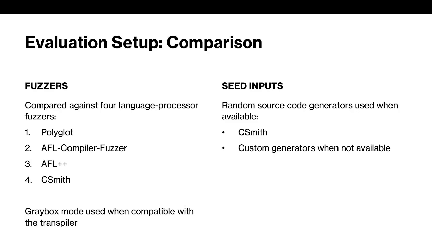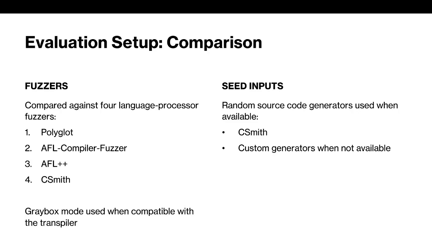As much as possible, they used gray box fuzzing with the transpiler to have the instrumentation, but when that option was not available for whatever reason, they just used black box testing.